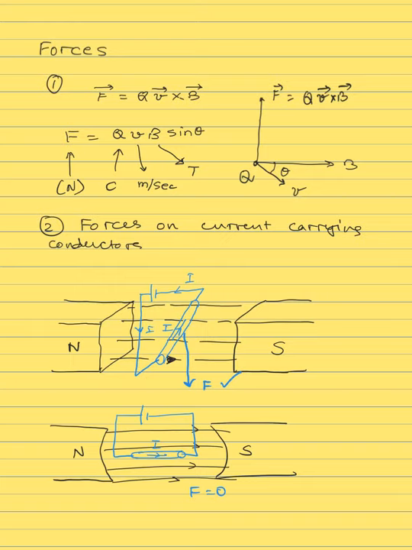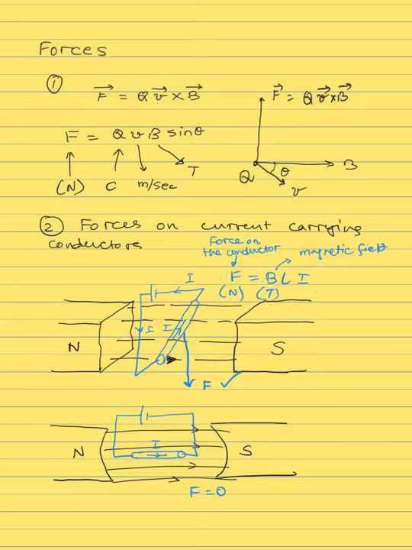And the maximum force acting on the conductor is given by F equals B L I, where F is the force on the conductor in newtons. B, as everybody knows, is the magnetic field, which is produced by this magnetic pole pair, the north and south, and magnetic field is measured in Tesla.